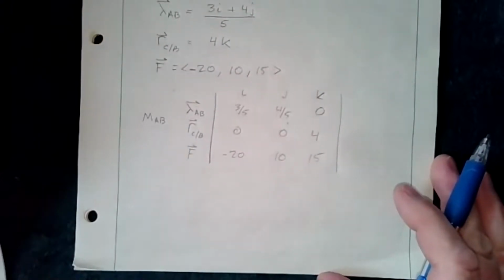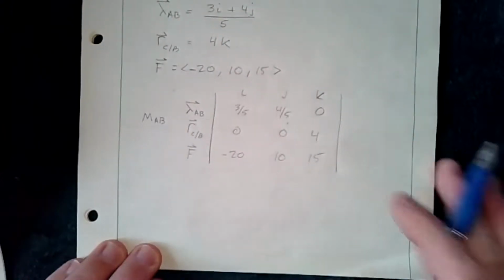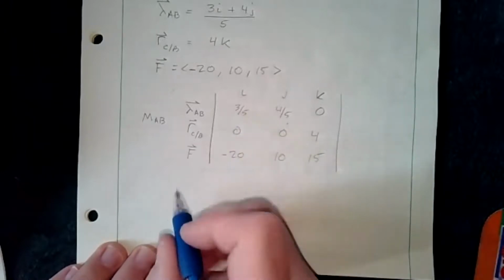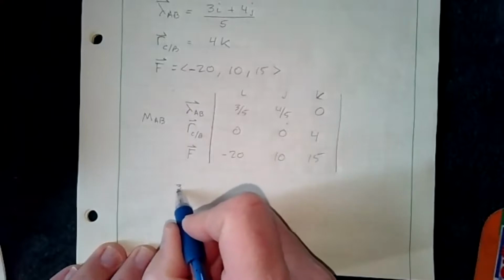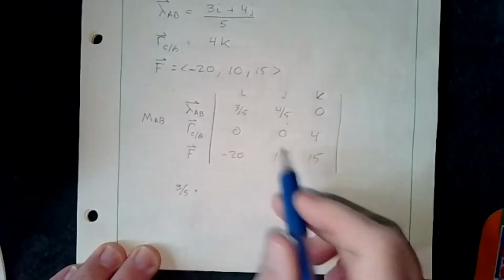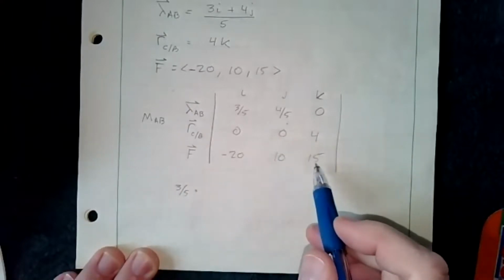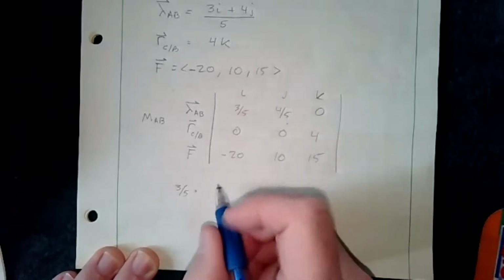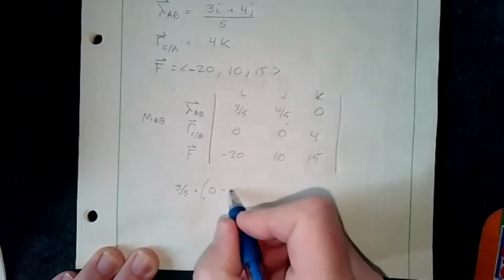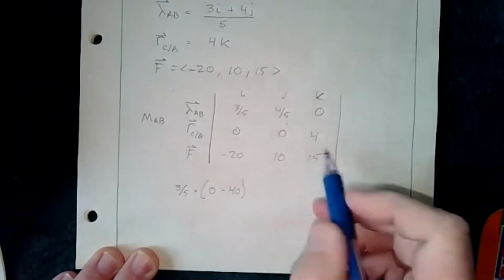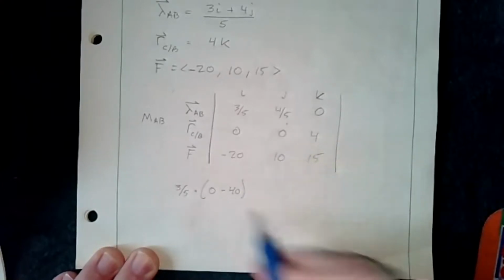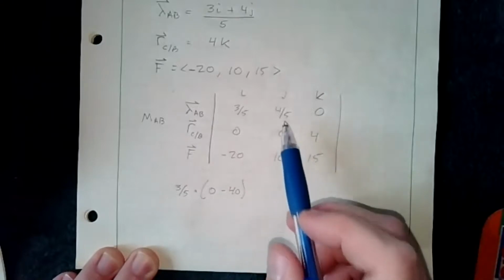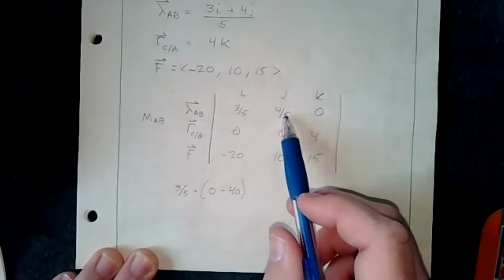All right, so if I go ahead and do that, I look at it, I have 3/5 times that, so I'm going to say 3/5. That's going to be times what? 0 times 15 minus 4 times 10. So 0 minus 40, right? 0 minus 4 times 10, or 40. And then the next one, 4/5.